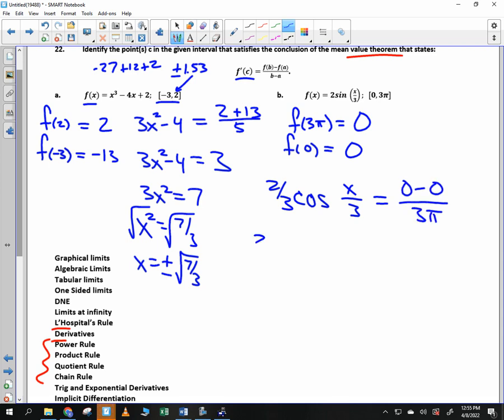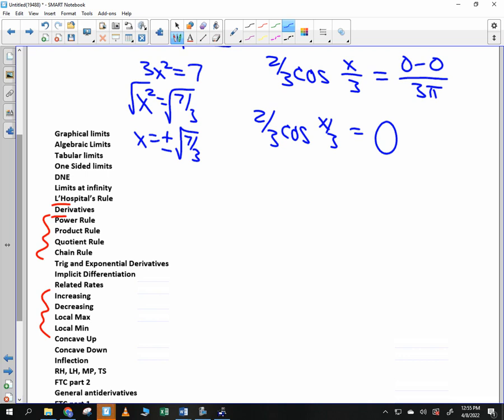Or in other words, 2 over 3 cosine of x over 3 is equal to 0 over 3 pi, which is just 0. How do we begin solving that? Multiply by 3/2. I get cosine of x over 3 is equal to 0.